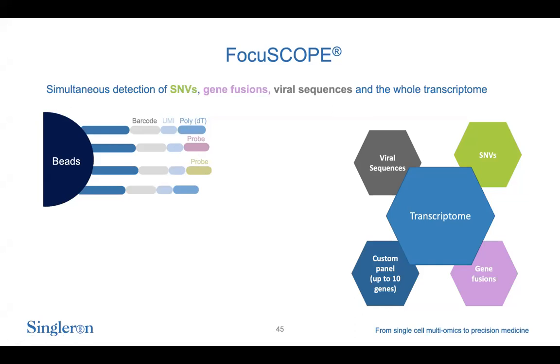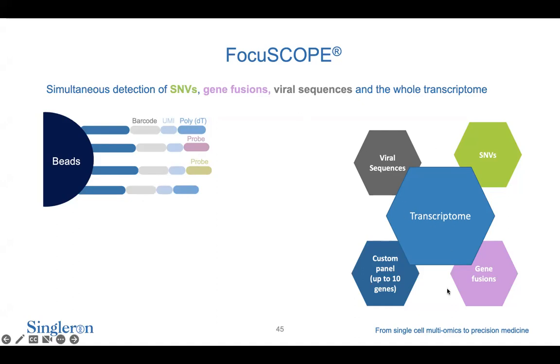So basically these probes can capture genes by the middle of their sequence, bring them closer to the barcoding beads, and get the sequence of your interest such that you detect your mutations, gene fusions, or whatever you are interested in, which lies further away from the 3' end.